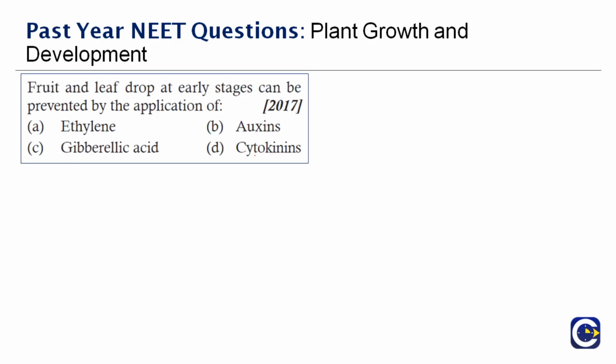Next question here. Fruit and leaf drop at early ages can be prevented by the application of dash. This is a very easy question for you to answer. So what do you mean by fruit and leaf drop? It talks about the premature leaf drop or the premature fruit fall.